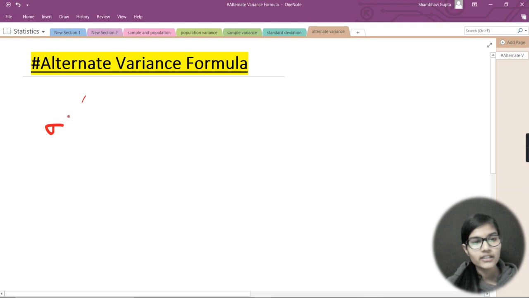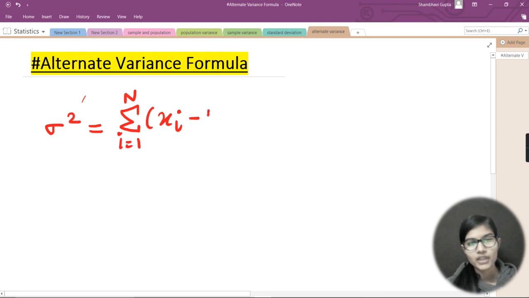So first let me write the formula for population variance. The formula was sigma squared is equal to summation of, okay, my summation does not look good, so let me write it again. Sigma i is equal to 1 to capital N, because this was the total population, right? And then the formula was xi minus mu.